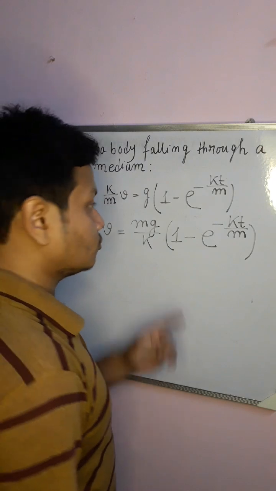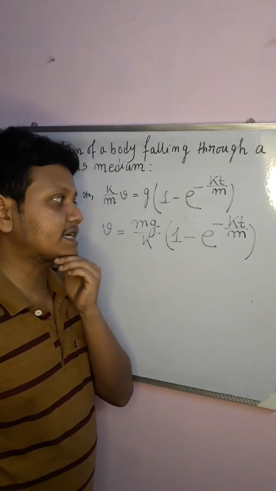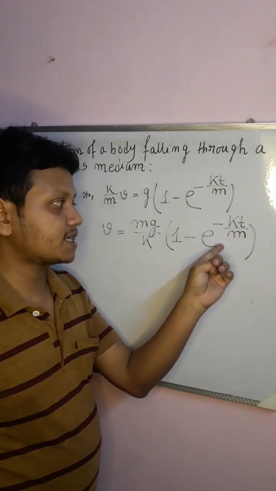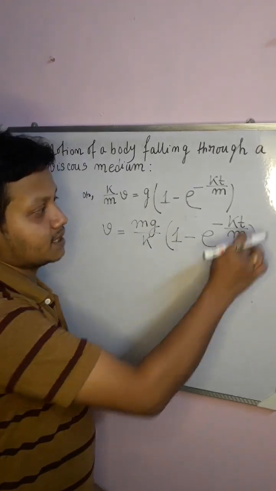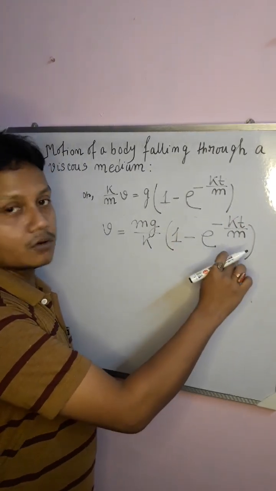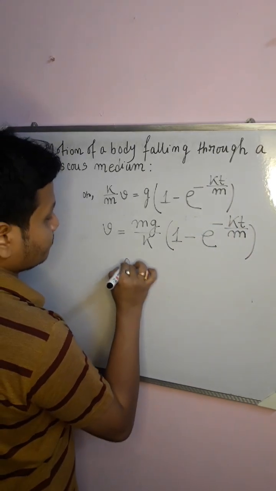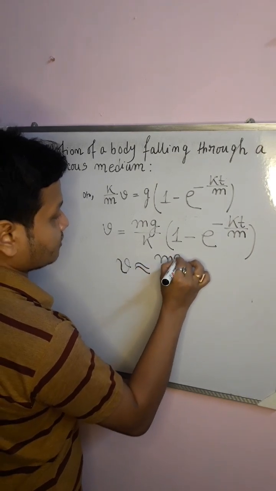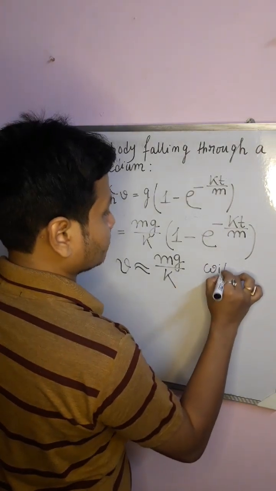Now if you look closely at this equation, we can see that with increasing time, e to the power minus kt by m decreases. That means this term decreases and we can almost ignore it. So with increasing time, velocity almost attains a constant value.